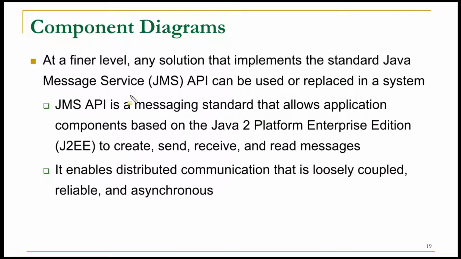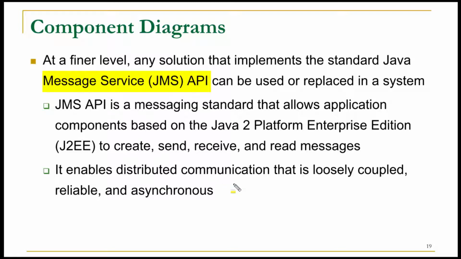And if we want to see this in action at our application level, we can see any solution that implements, let's suppose, the Java Messaging Services API. That Java Messaging Services API can be used or replaced in any system. JMS is a standard messaging API for use in applications, and with the help of that we can create, send, receive and read messages between different classes and objects.